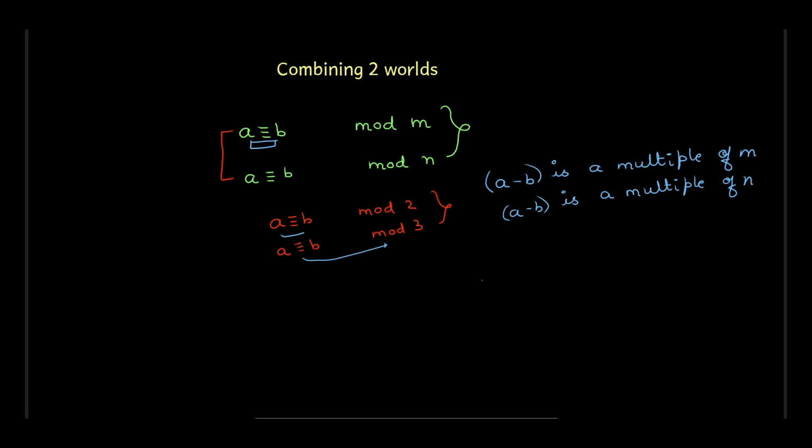This means that A minus B is a common multiple of M comma N.